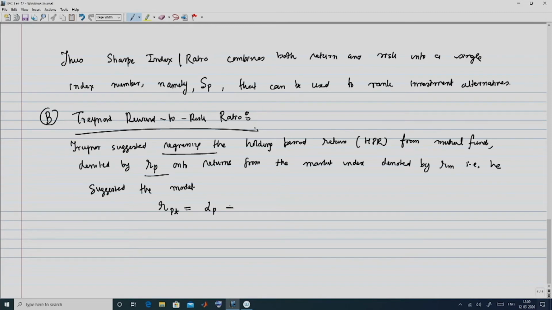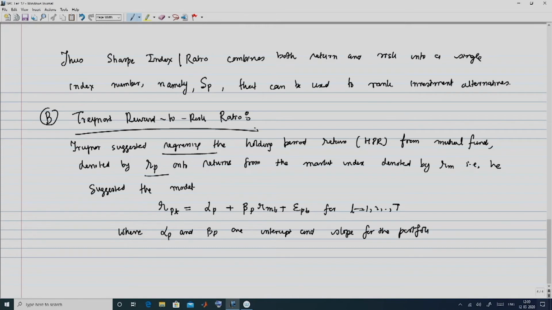So, RPt equals alpha P plus beta P RMt plus epsilon Pt for t equal to 1 all the way to capital T, where as before alpha P and beta P are the intercept and slope for the portfolio P. So, this means that these are the intercept and slope resulting from regressing the return on the portfolio onto the return on the market.